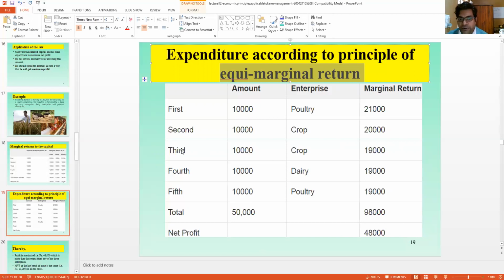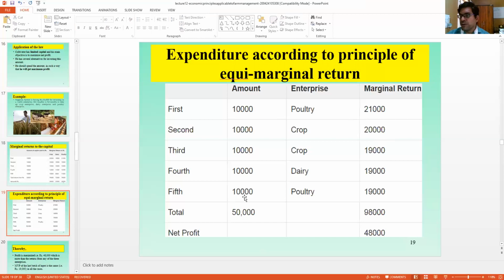You see now, here the MVP of crop, 19,000, is equal to the MVP of dairy and poultry. In the earlier case, the farmer has to allot his capital or money to that enterprise which can give maximum MVP. So here the MVP is maximum among all the different returns.